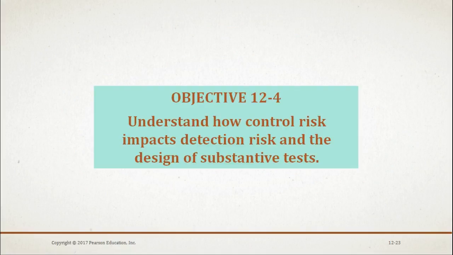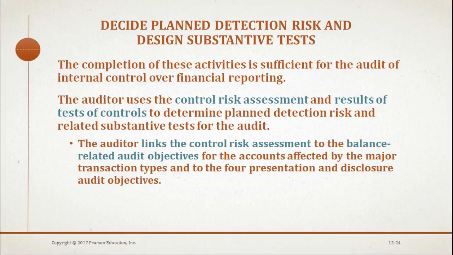Moving on, we will now discuss how control risk impacts detection risk and the design of substantive tests. The completion of assessing control risks for each related audit objective and the support of control risk assessment with the test of controls is sufficient for the audit of internal control over financial reporting.